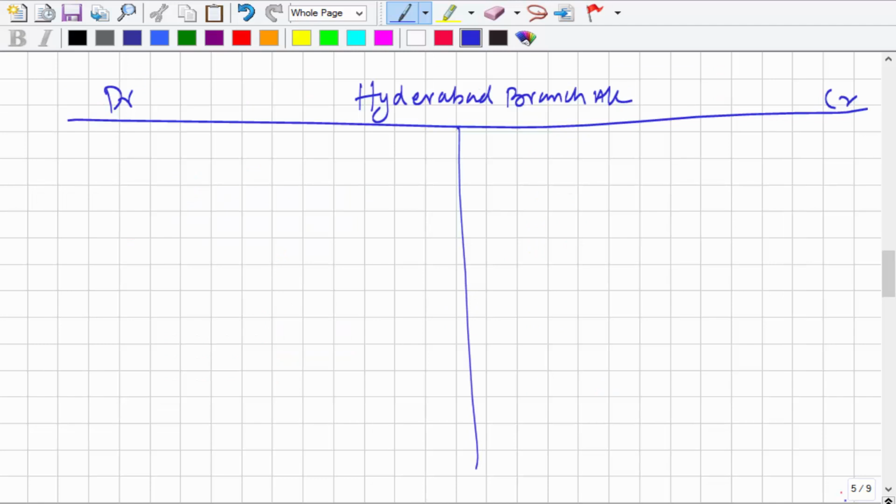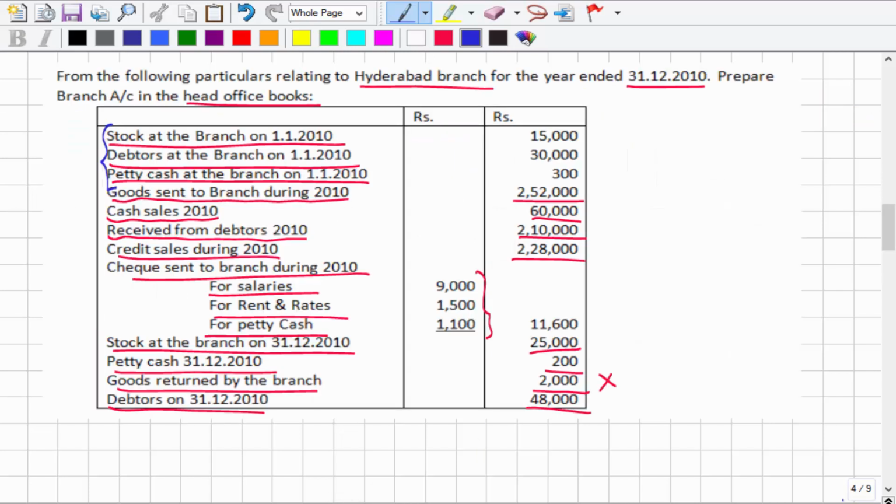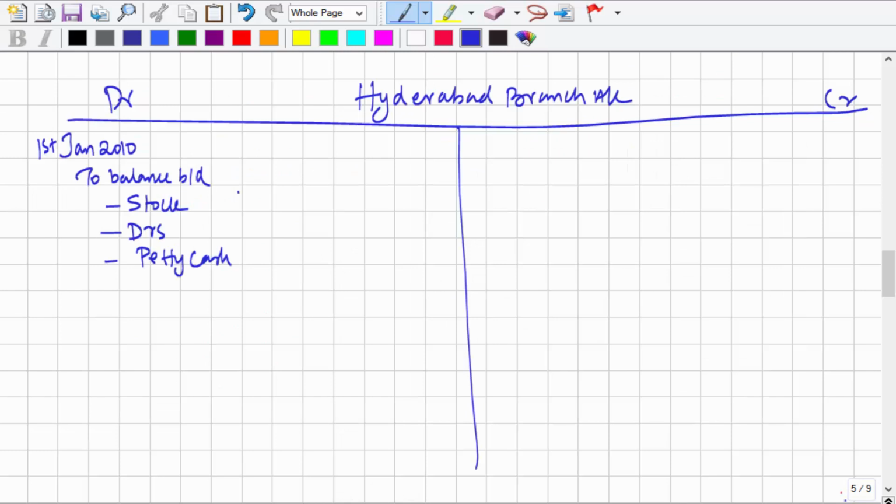So we'll write, say, on 1st Jan 2010, to balance brought down. We have three items. Number one is stock, number two is debtors, and number three is petty cash. Let's pick up the values. The values are 15,000, 30,000 and 300, and all the three put together it is 45,300.